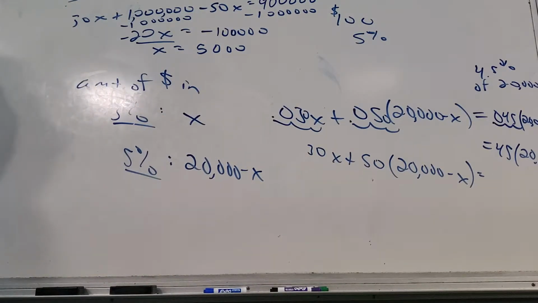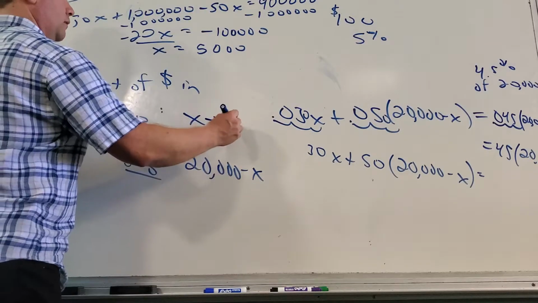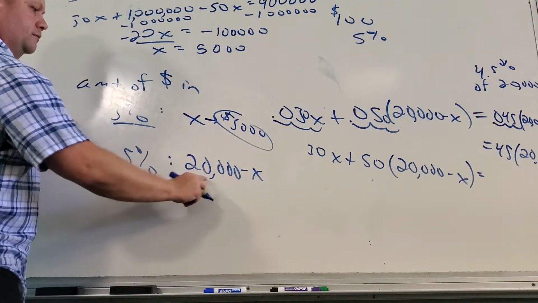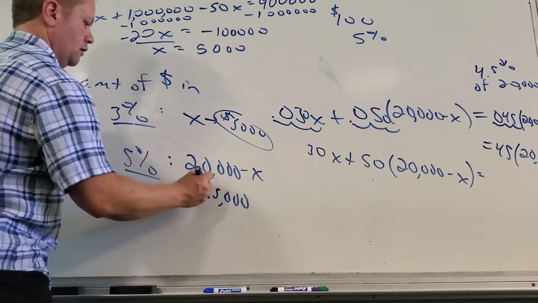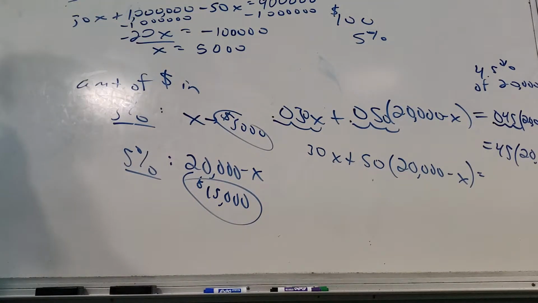Why would it not make sense if I got like 50,000? Because she's only got how much total? 20,000. So you got 20,000, you shouldn't put 50,000 here. Right, so 5,000 where? In the 3%. How much in the 5%? We know what X is now, so 15,000 in the 5%. I like it.